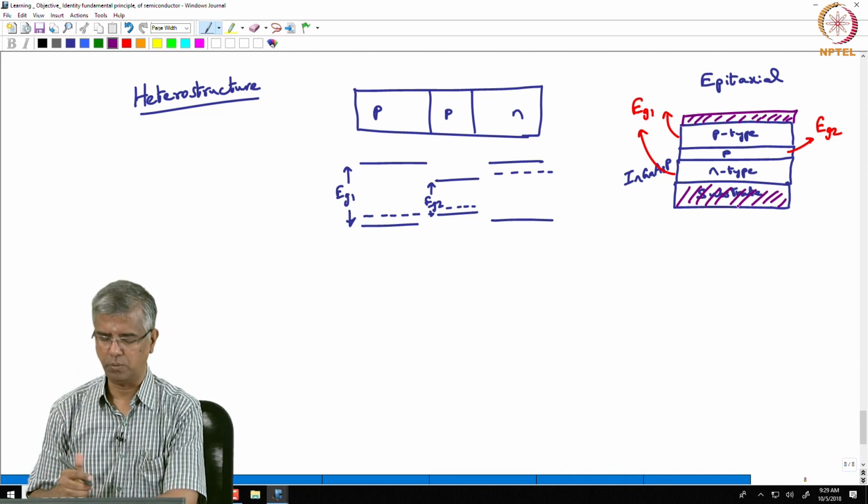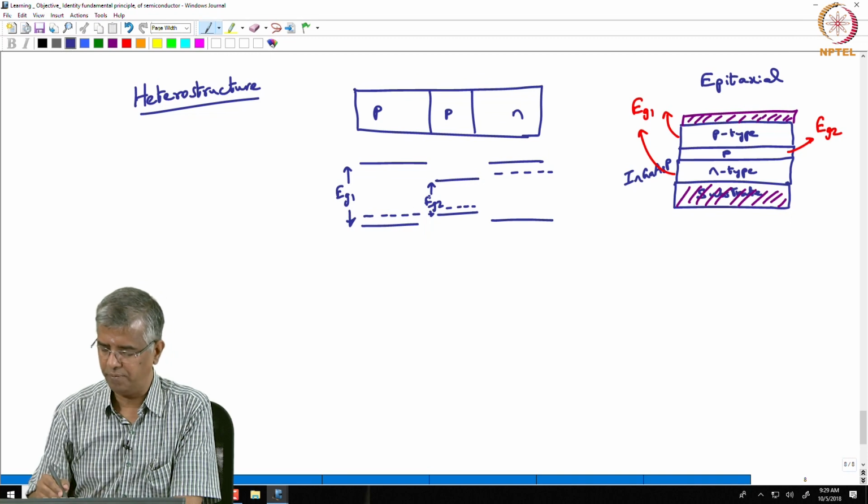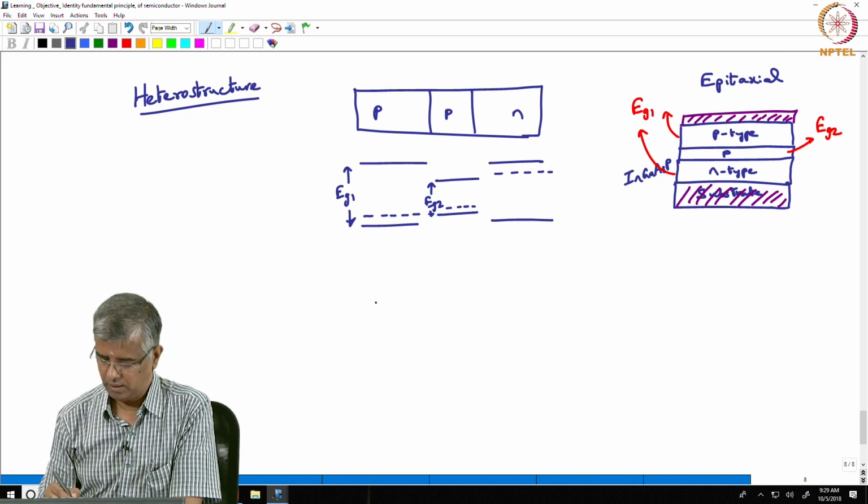Now what is the consequence of having a double heterostructure like this?